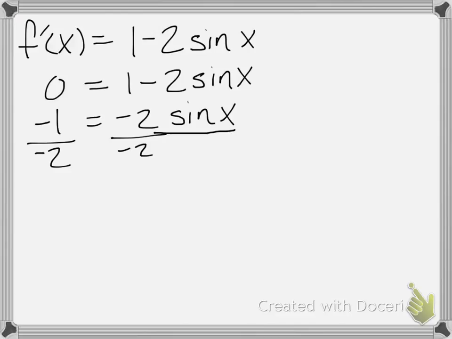And so we get sine of x is equal to 1/2. Okay, so keep that in mind, and I'll pull that up in just a minute. I'm going to do a handy little chart from way back in trig, so pre-cal, so it'll actually help us out here in just a minute.